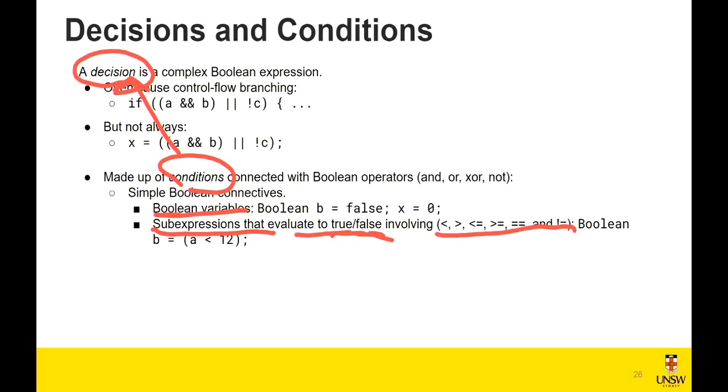So this is a condition, and if we connect conditions with Boolean operators, then we can get decisions. So if we do this, we get conditions. If we do this, we get decisions.